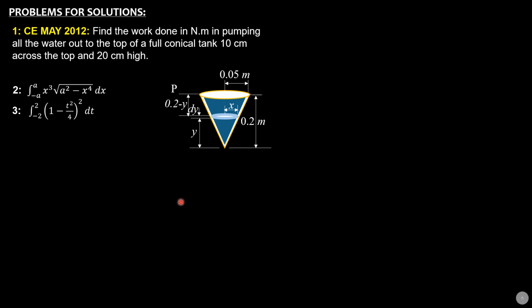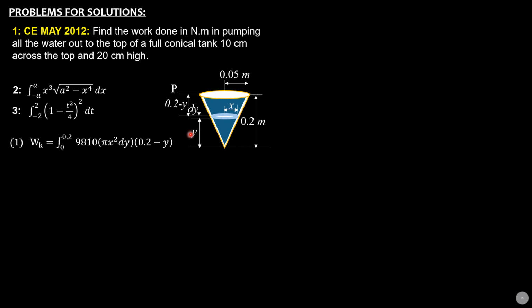So work is the integral from 0 to 0.2 of 9,810 pi x squared dy, the differential volume of that disc, times the distance each centroid should be thrown to the top level, 0.2 minus y. So we express x in terms of y by similar triangles.